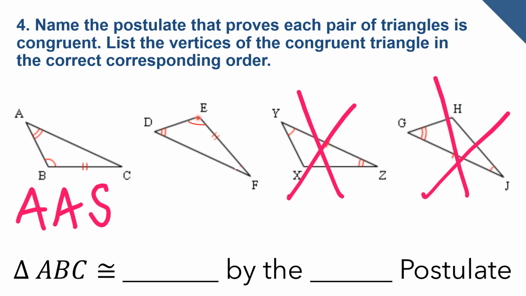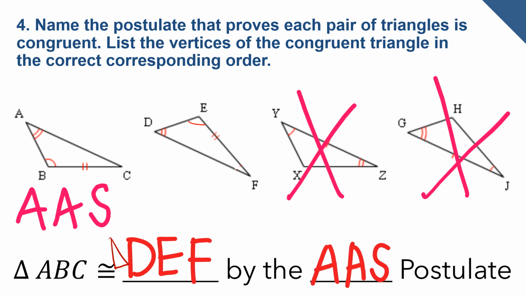B is the angle that's labeled, and then C is the side that's connected there. So A matches with D, B matches with E, so C must match with F. So we're going to name this triangle DEF, and you can see I forgot the triangle symbol. Let me throw that in there. Triangle DEF, and that was by the angle-angle-side postulate.